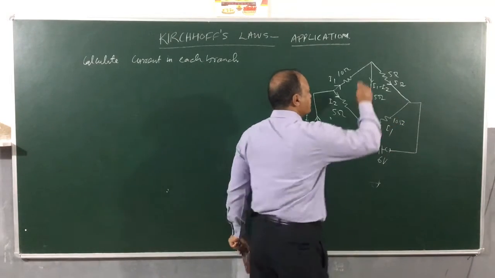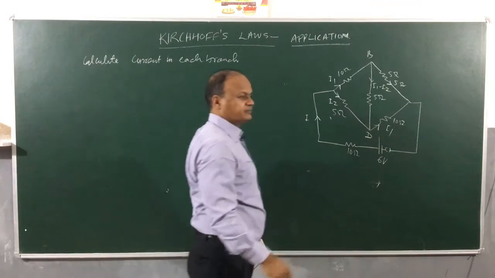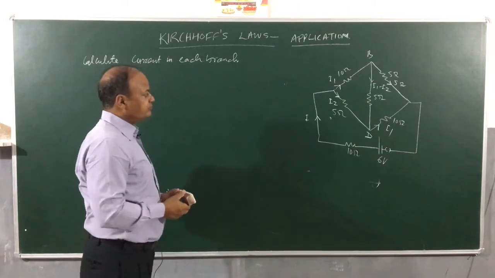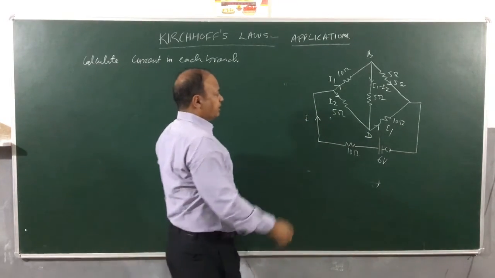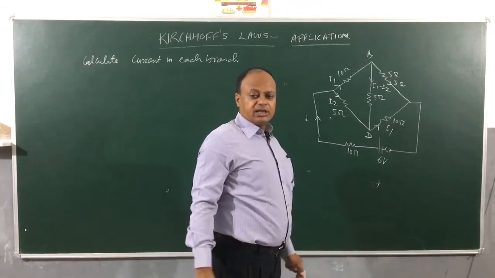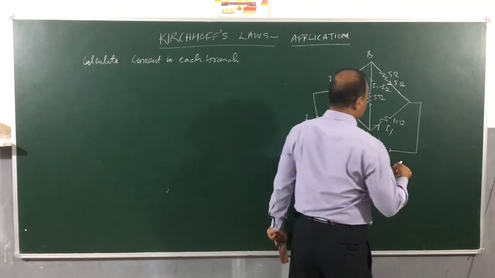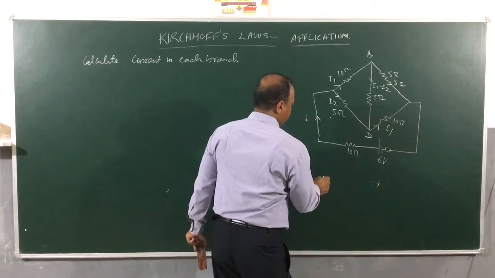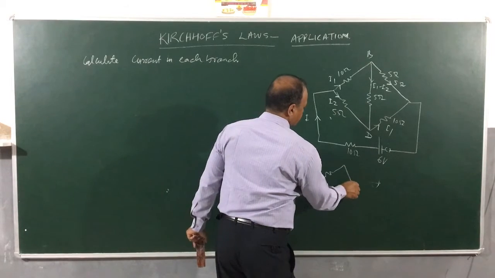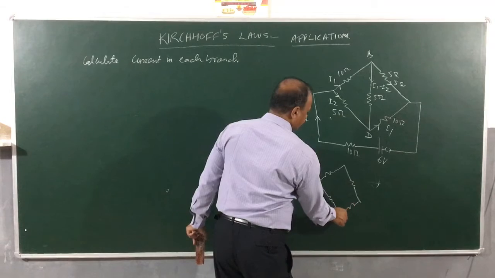I will take this point as B and I will calculate this point as J. Clear? Now when I look at only the Wheatstone's bridge part, then I can use directly this equation which we got. If I compare, then you can see this is 10. Let's take this bridge separately, that will ease out my problem.